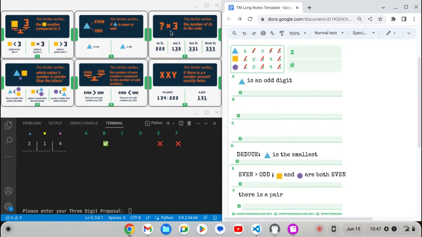There's no redundant information. So if in fact there were a 3, that would mean that this card would be irrelevant, because if we deduce correctly that 3 is the smallest, then the answer is 344. So that means that, I believe, let me write this down in criteria card C, that I'm going to deduce there is no 3-digit. Because if there is a 3-digit and it's the smallest, then of course it's 344.